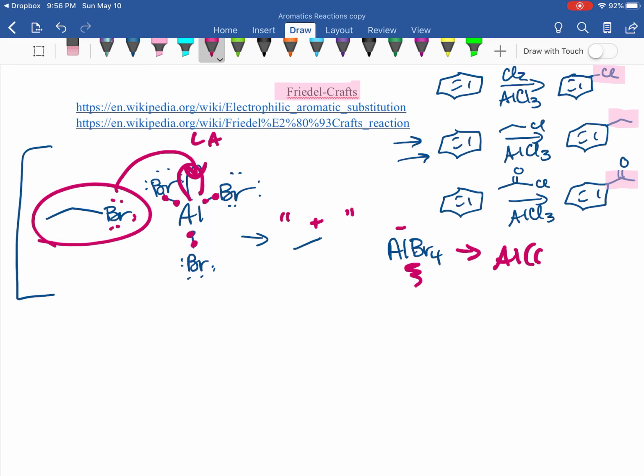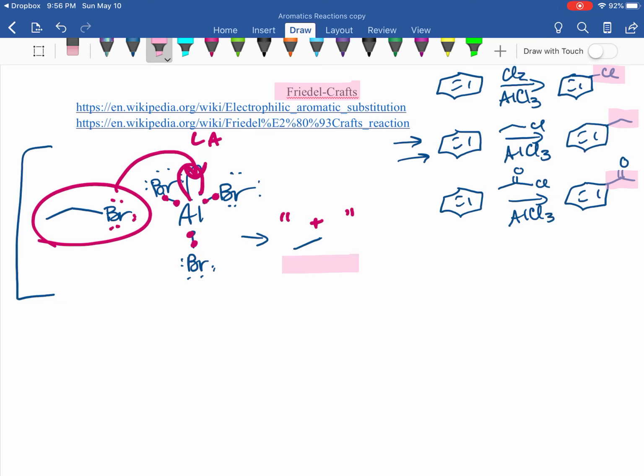Okay, and then this doesn't last. By the time you work that up, you're going to end up making all kinds of aluminum hydroxide salts and all kinds of bromide salts and just a whole crazy mess. But in the middle of all of this, what you just made was a carbocation, and you just forced that to happen.